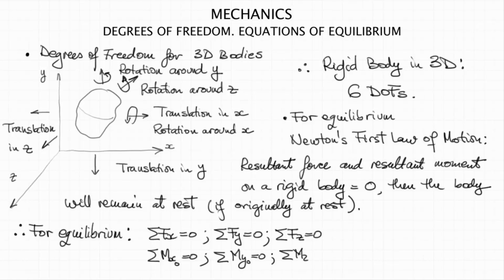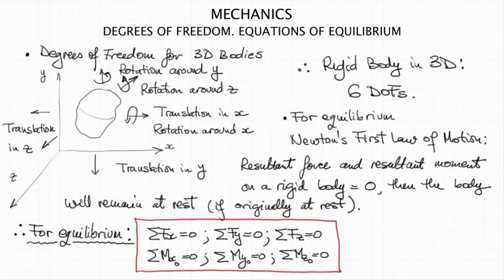And also the moments about x and the moments about y and the moments about the z axes about some point that we choose are all 0. So we have to write 6 equations of equilibrium, as you can see here on the screen.